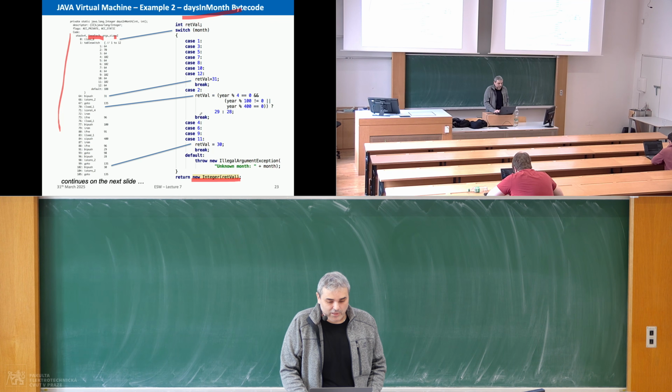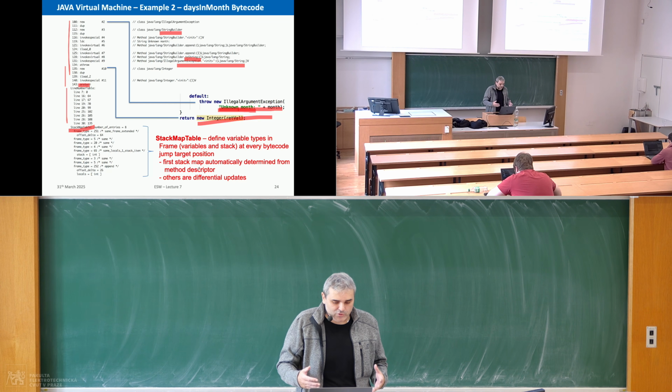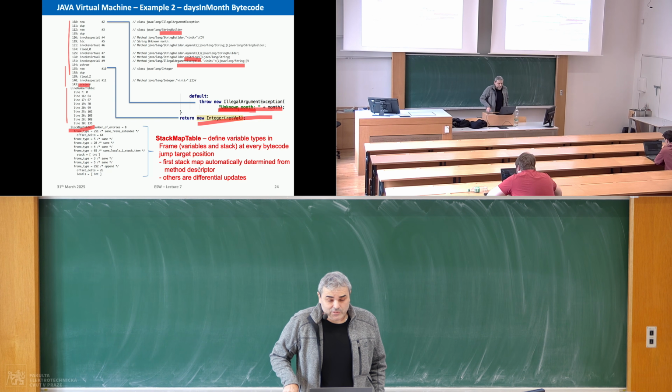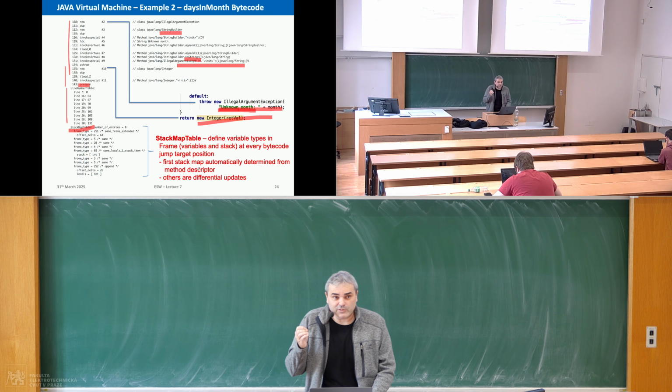So there is another branch from this break to the end of the method. Because of that, there is this stack map table, which defines variable types in the frame for every target jump position, so that the virtual machine can clearly test and ensure that the data types are manipulated correctly.